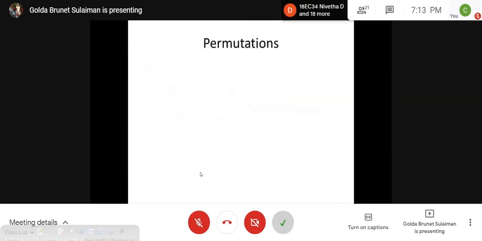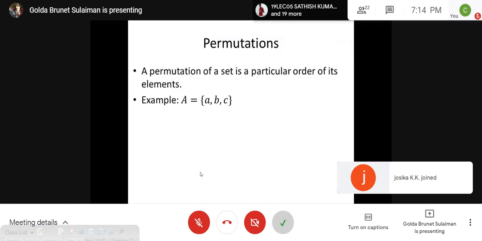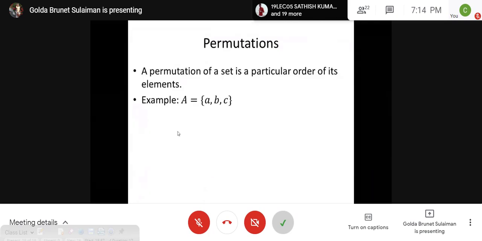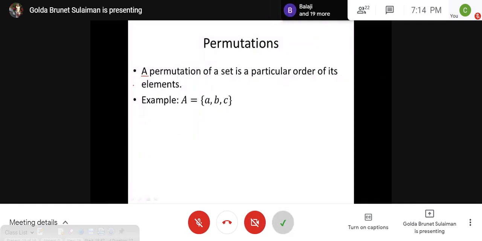Now, since we are seeing counting again, we should know combinatorics, the permutations and combinations. So let's see what a permutation is.